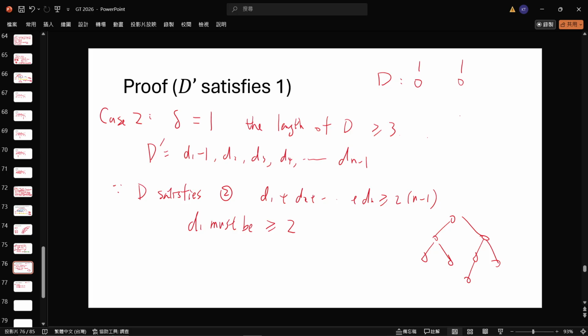Okay. So for case 2, we need to use the second condition. Okay. So now we have that D1 must be at least 2. So D1 minus 1 is at least 1. Okay. So this means even for this case, case 2, we still satisfy condition 1.